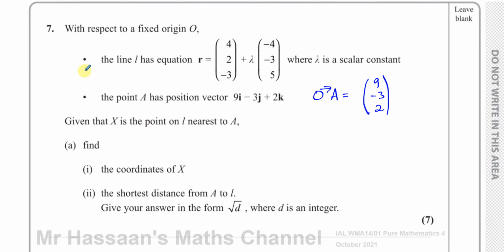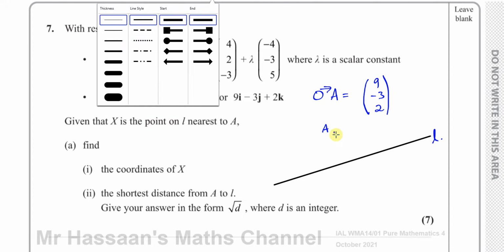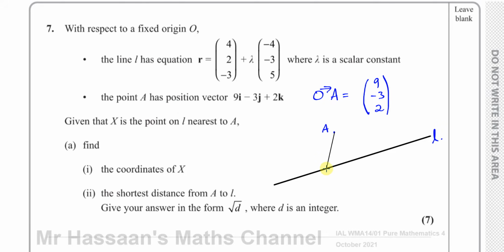Now, when you have a line and a point, say that's our line L, and say this is the point A. X is the point on the line which is nearest to A. The closest that a point can be to a line is when you can join that point to the line with a perpendicular line.